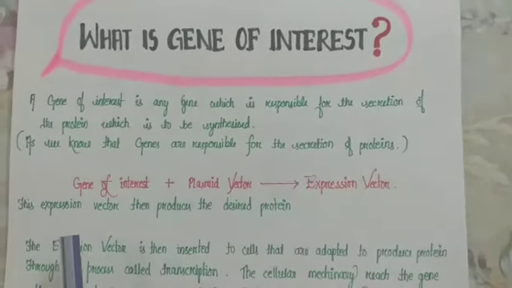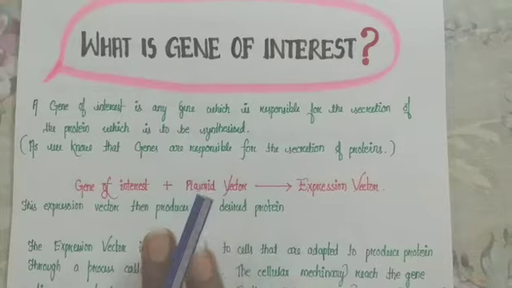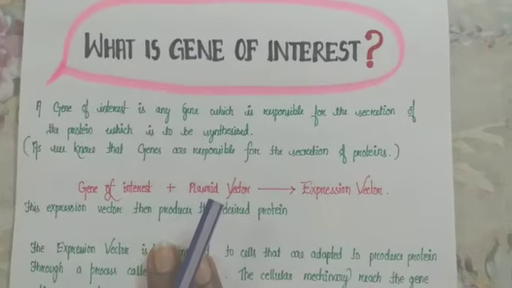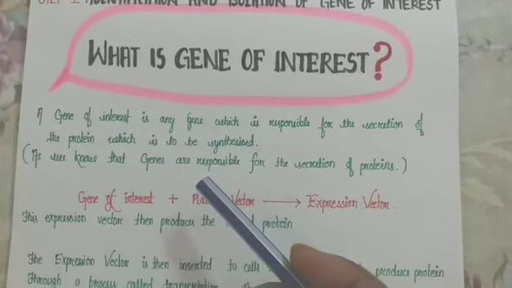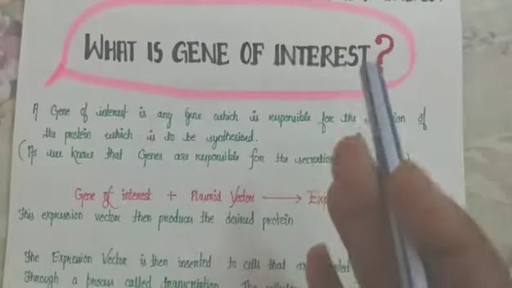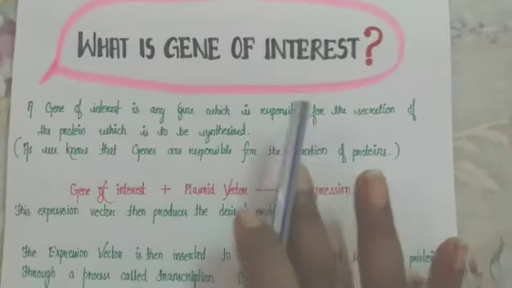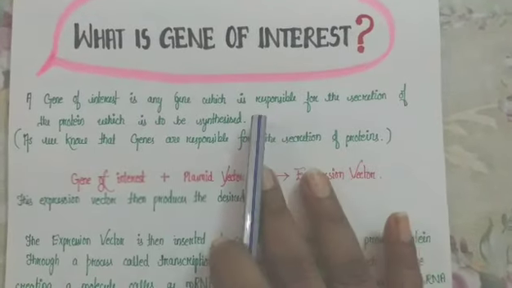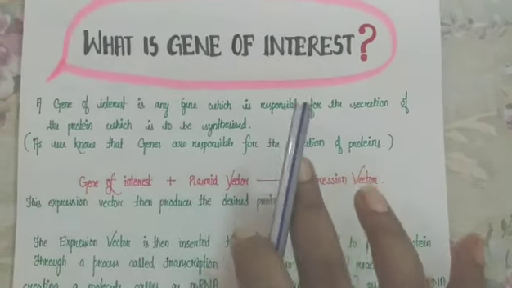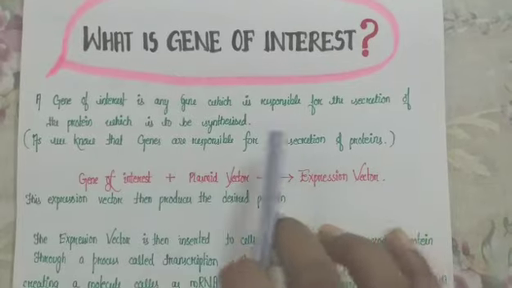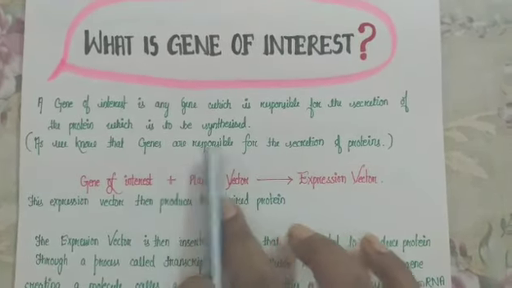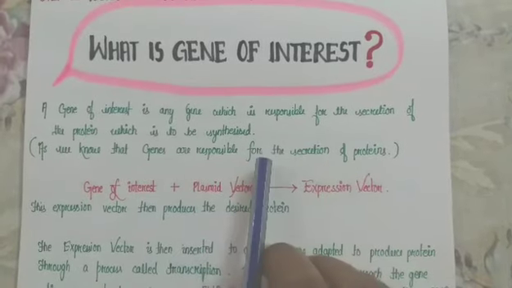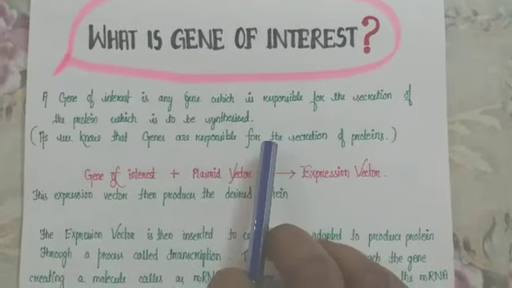So when our body lacks a certain protein, like in diabetic patients where insulin is lacking, in order to secrete more insulin hormone, we need to take out the gene which is actually responsible for the secretion of insulin hormone.